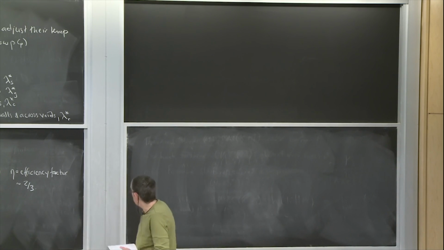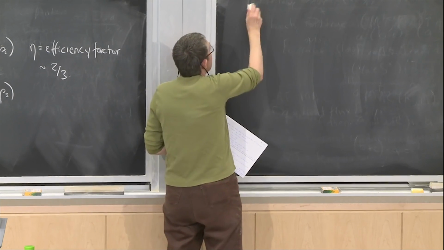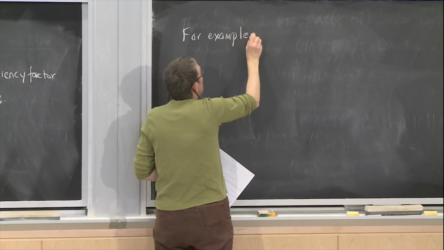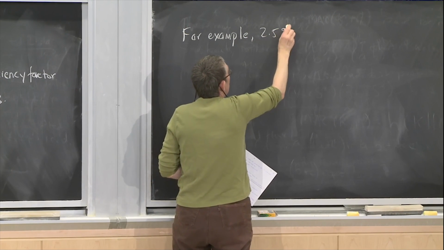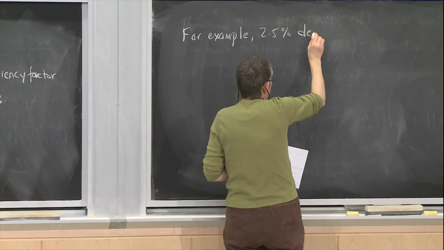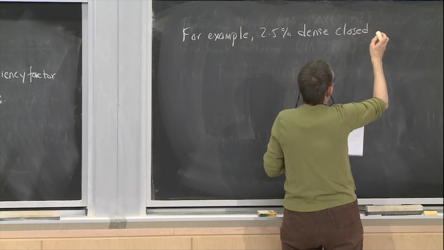So we can do a little example here, and you can see how much of the conduction comes from the solid and the gas. So for example, if we look at a foam that's 2.5% dense, and say it's a closed-celled polystyrene.